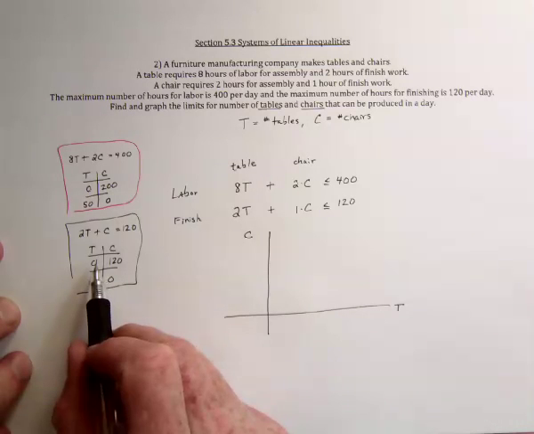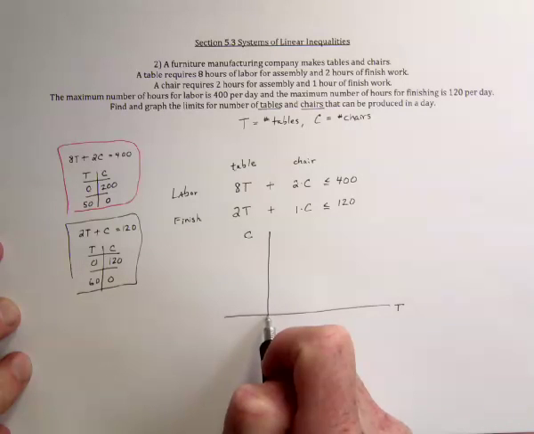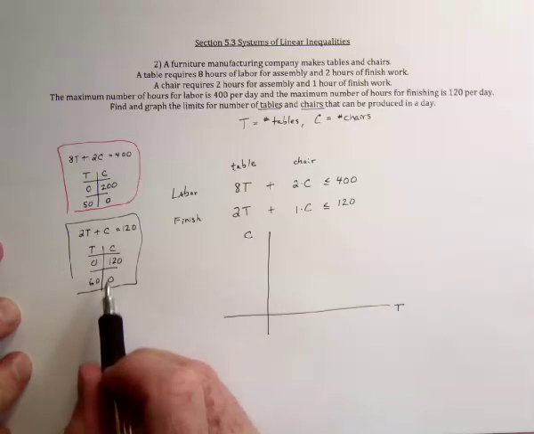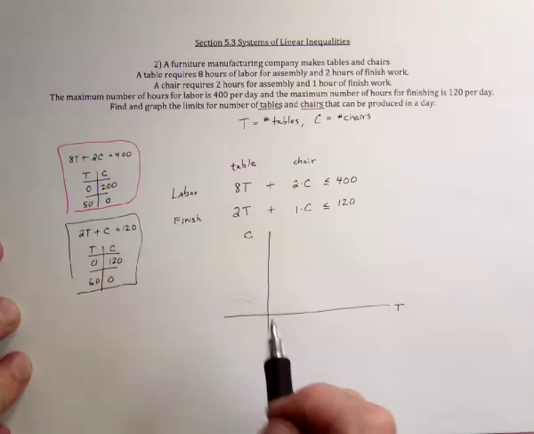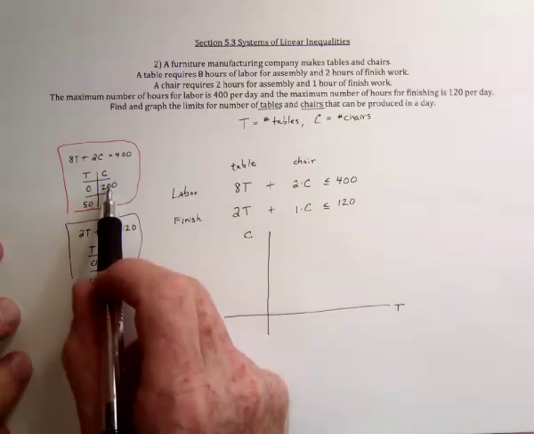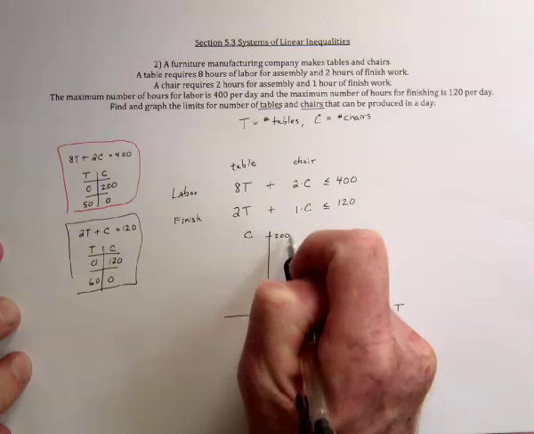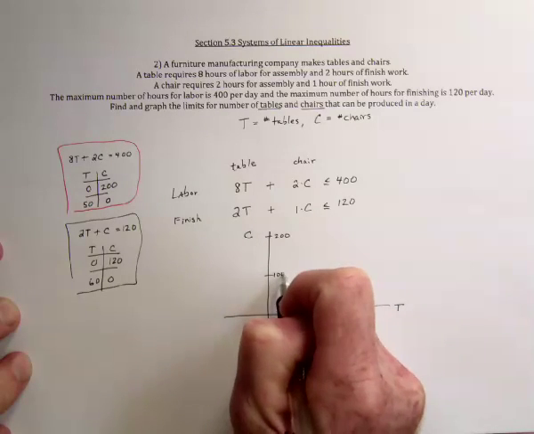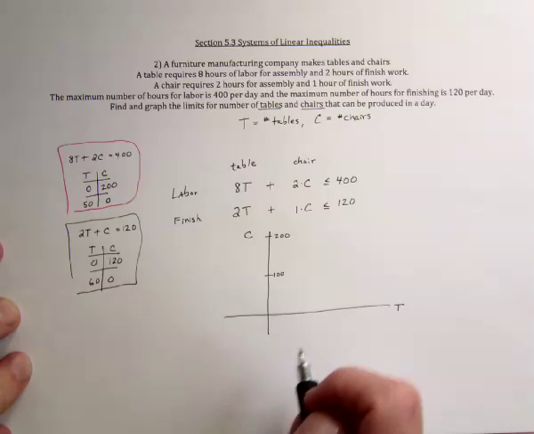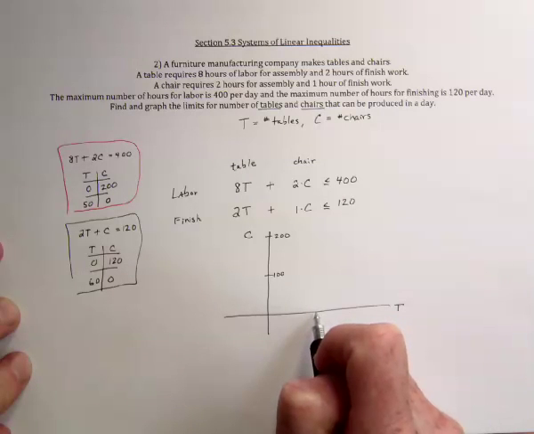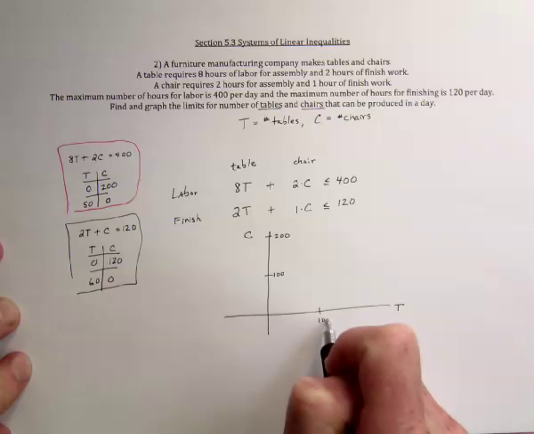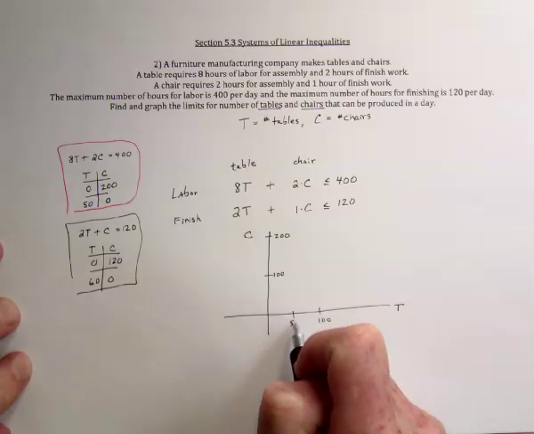So with this one, I've got 0 for t and then 120. Let me try and draw this to scale a little bit. Let's see, the c goes up to 200. So in the middle would be 100. And then that means right about here would be 100 and here would be 50.